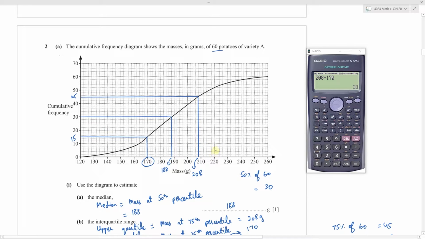If I draw a straight line, I basically need to find how many potatoes have a mass greater than 220. So let's look at the cumulative frequency value when the mass is 220. In fact, let me correct this and redraw this again.